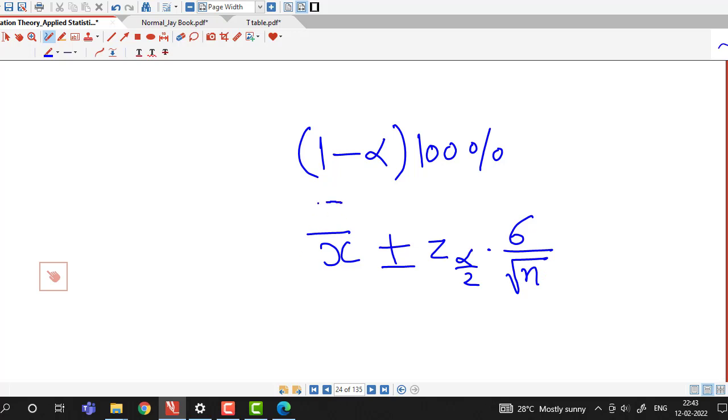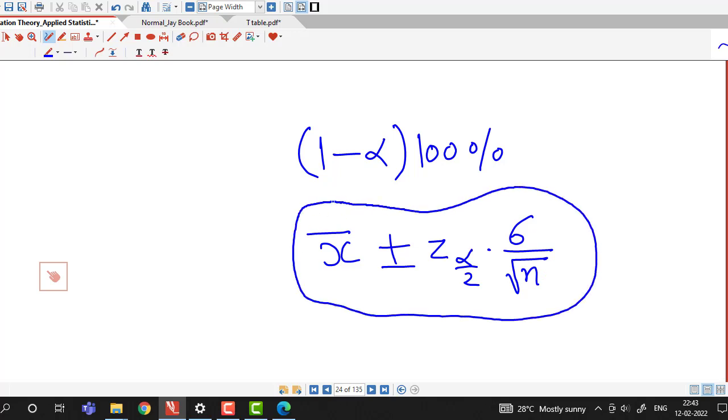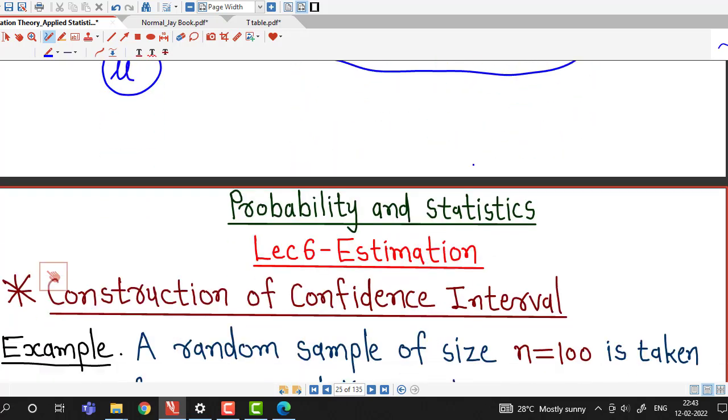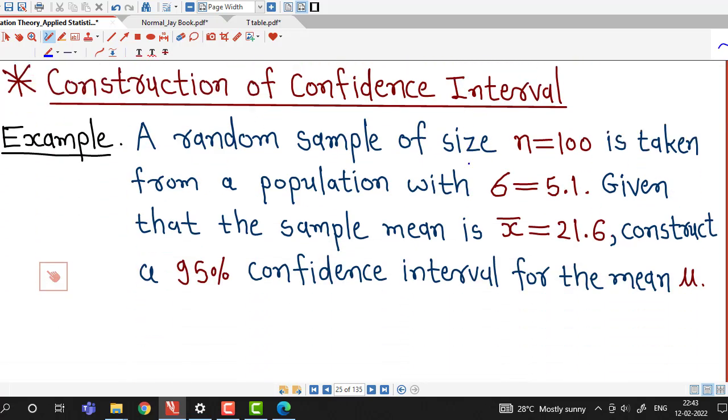Using this formula we can find the interval which contains the population mean with (1 minus alpha) times 100% confidence. Here we are considering an example for the construction of a confidence interval for a large sample.